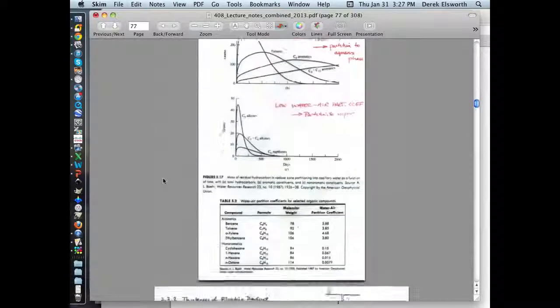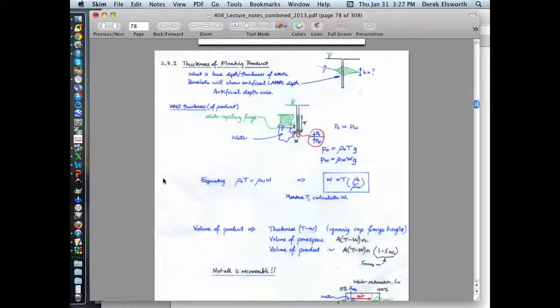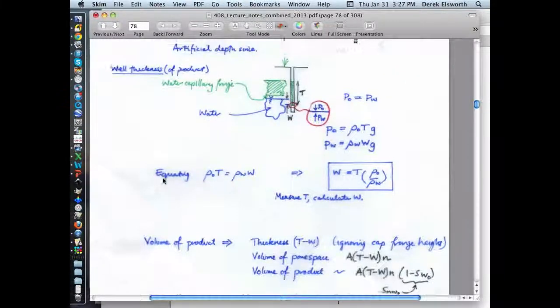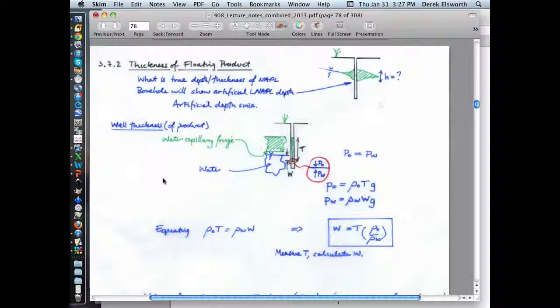And so let's think a little bit about that. What this has suggested is that if you drill a hole through this lens of free product that sits here, we don't really look at what's in the walls of this material, which might actually give us the correct answer.